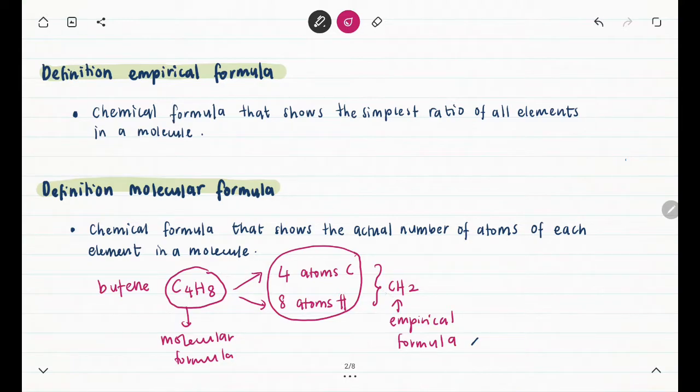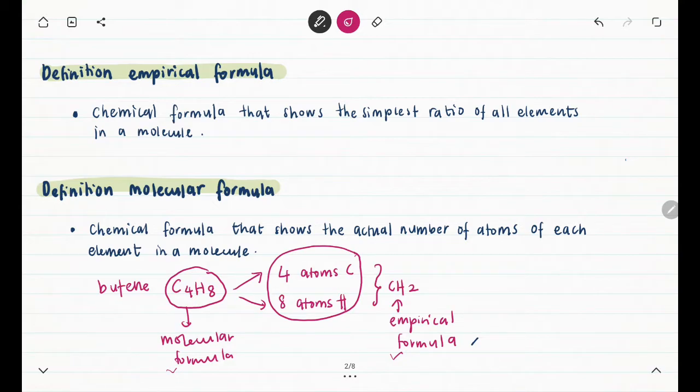So the empirical formula is the simplest ratio of carbon and hydrogen in butene, CH2. Can you differentiate between the molecular formula and the empirical formula? This one is the molecular formula, this one is the empirical formula. That is the difference.